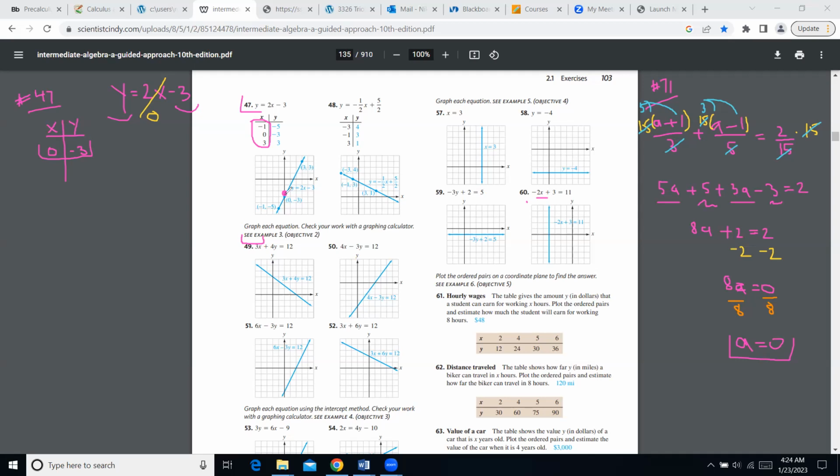Then I can try any other number to calculate, and I would prefer to use number 1 instead of x, and using number 1 I think is a little bit simpler, because if you replace your letter x with 1, what you produce is 2 minus 3, which is equal to -1, right?